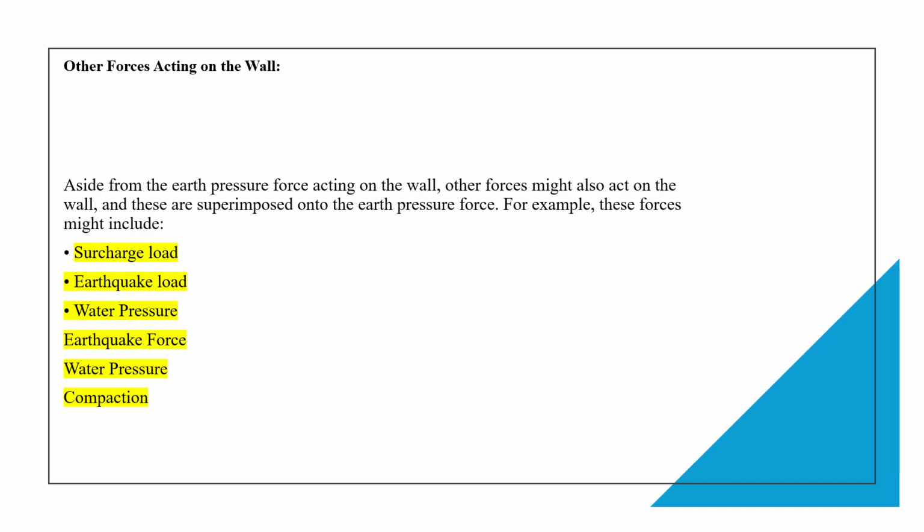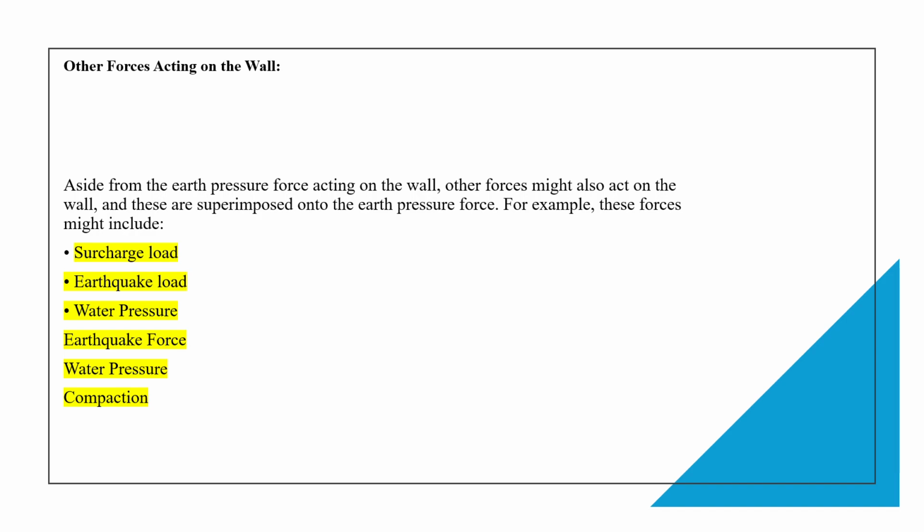For the earthquake force, additional lateral loads resulting from an earthquake are also superimposed onto the lateral earth pressure where required. Publications such as the AASHTO Standard Specifications for Highway Bridges and other textbooks provide methods for calculating the earthquake forces that can be used.